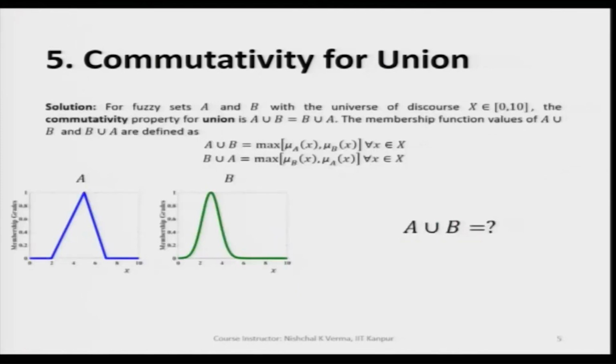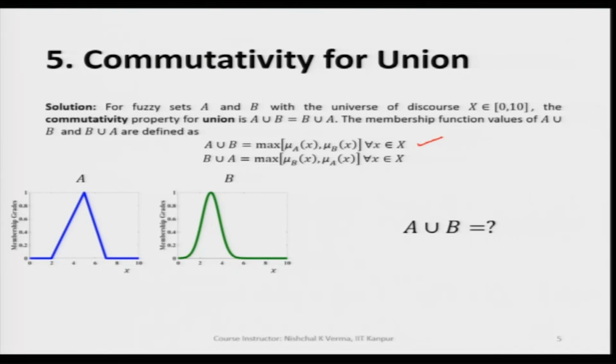If we take A union B here, we apply the condition where we take the max of all the corresponding membership values from fuzzy sets A and B with respect to their corresponding generic variable values.